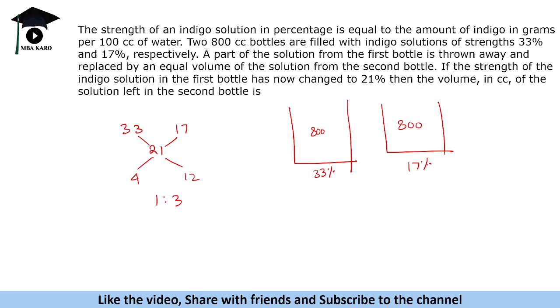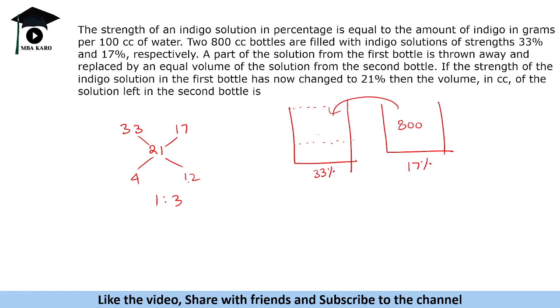Now what has happened is some part from the first bottle is thrown away. It is now partially filled, and then you are filling it to make it 800. Now we know that these two need to be mixed in 3 ratio 1. So you are throwing away a certain part and filling with this part.